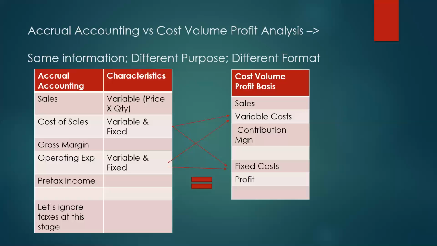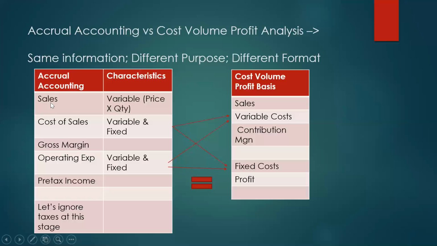Either way, the majority of the cost inside of manufacturing overhead is fixed, and that's why we call it fixed manufacturing overhead. So for cost of goods sold from the accrual accounting, the variable expenses will go over to the variable costs under the CVP income statement, and the fixed will go down to the fixed cost in the CVP income statement.